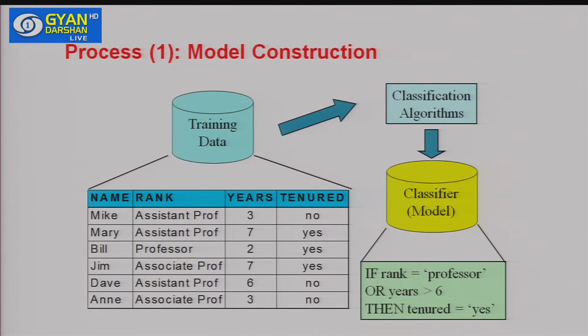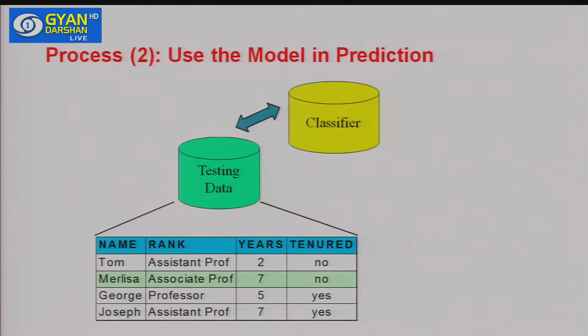Now let us understand the same model construction with the help of an example. You have a training data set, and based on the classification algorithm we build the classifier model, which can use some kind of classification rules. Once you have trained the system, you use the testing data set and apply the classifier to unseen data, where the class label of the sample is unknown.